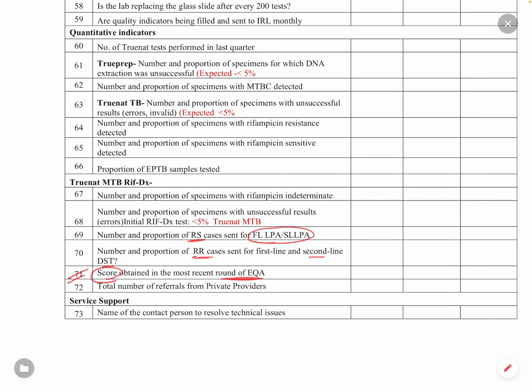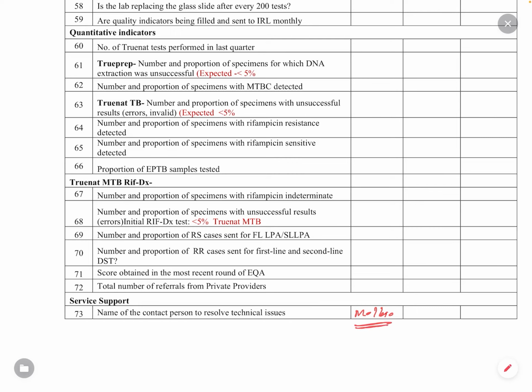Currently TrueNat we have not started, but for GeneXpert you can get the previous year's score out of 100, how much that particular site has achieved. The number of referrals from private providers. The name of the contact person to resolve technical issues. Obviously here you have to write the service engineer from Molbio.